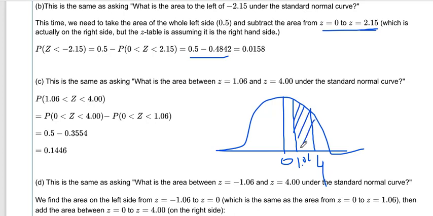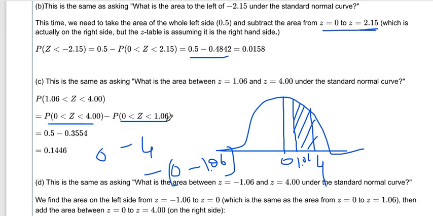This we have to find out. First of all we find the whole area 0 to 4, then we subtract 0 to 1.06. So the probability is 0 to 4 minus 0 to 1.06.